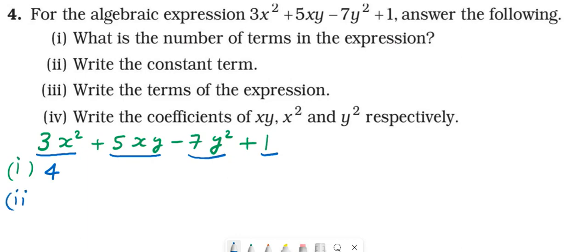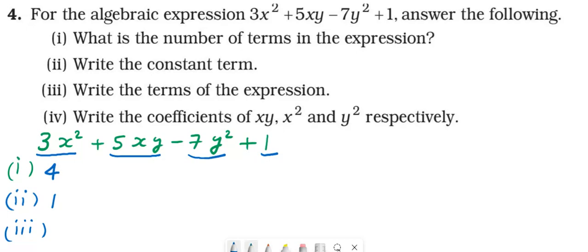Second part, beta. Write the constant term. Beta, constant term is that term which does not contain a variable. Here the last term 1 is the constant term. Now the third part, they are asking to write the terms of the expression.